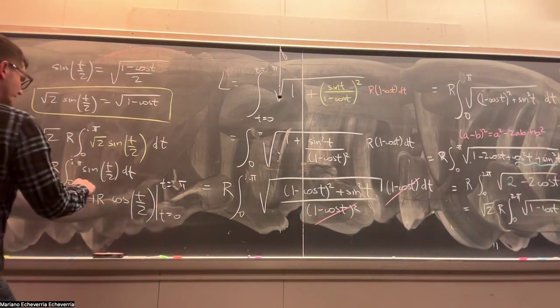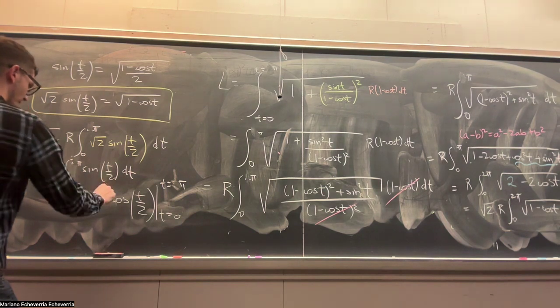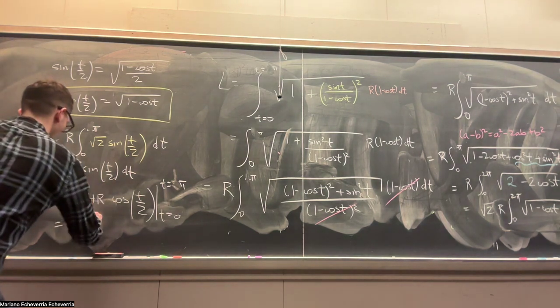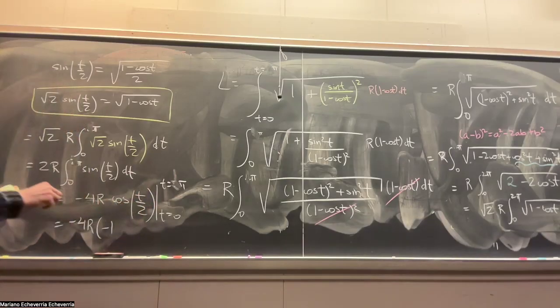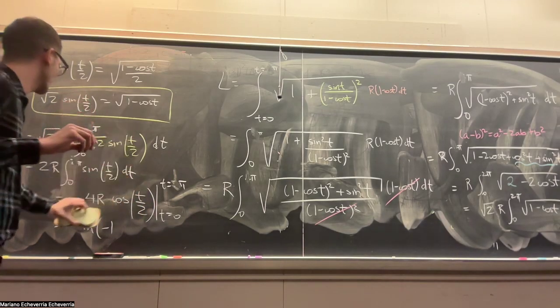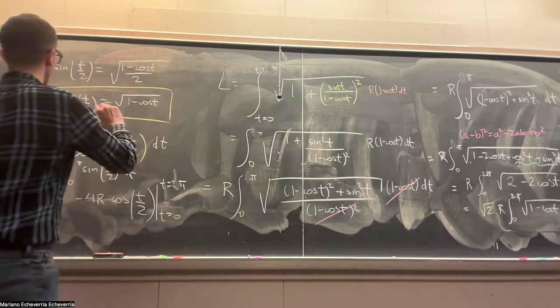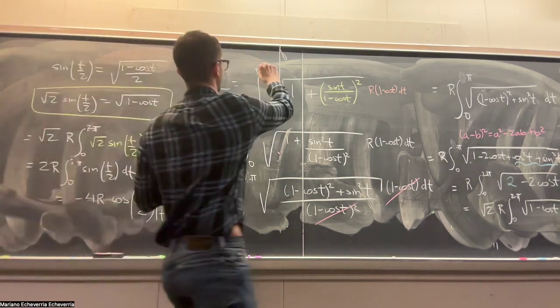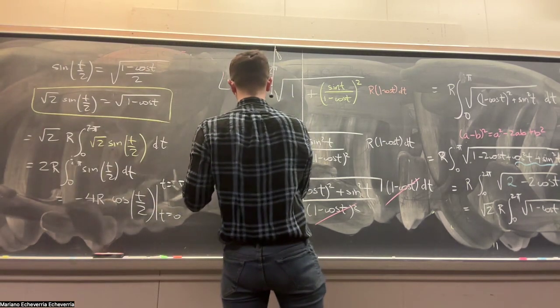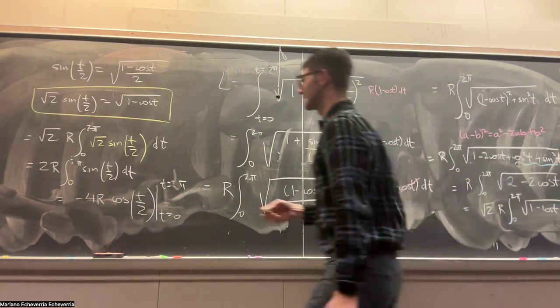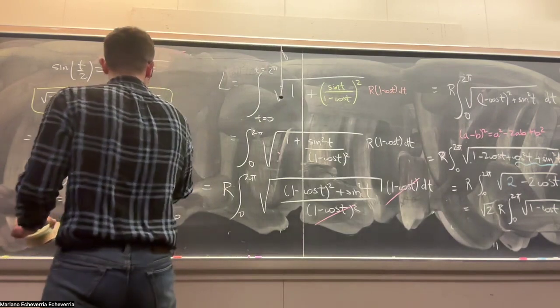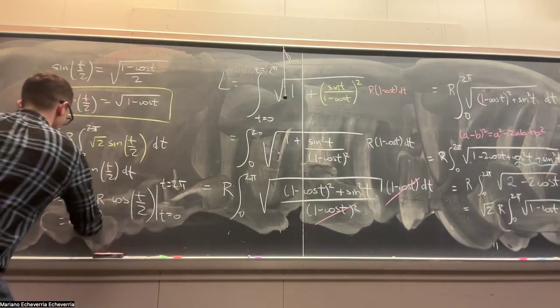And then if you do this from 0 to pi, then this just gives you -4r. Oh no, this is fine because it's pi over 2, perfect, 2 pi. Sorry, because this is 2 pi over 2, so that is cosine of pi, so it's fine.